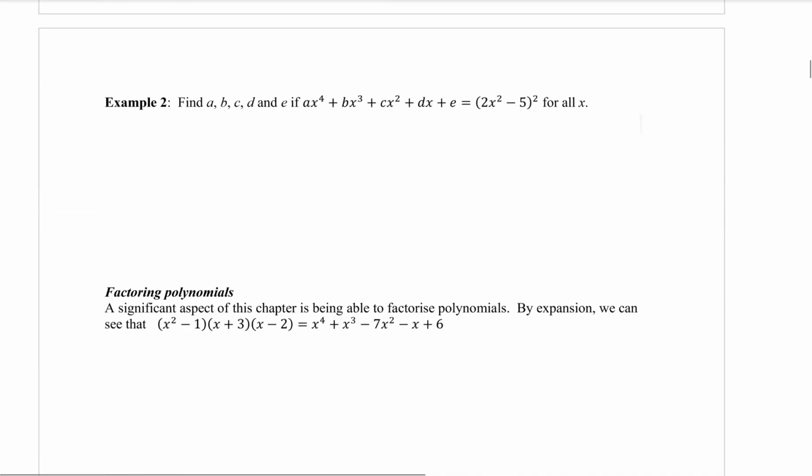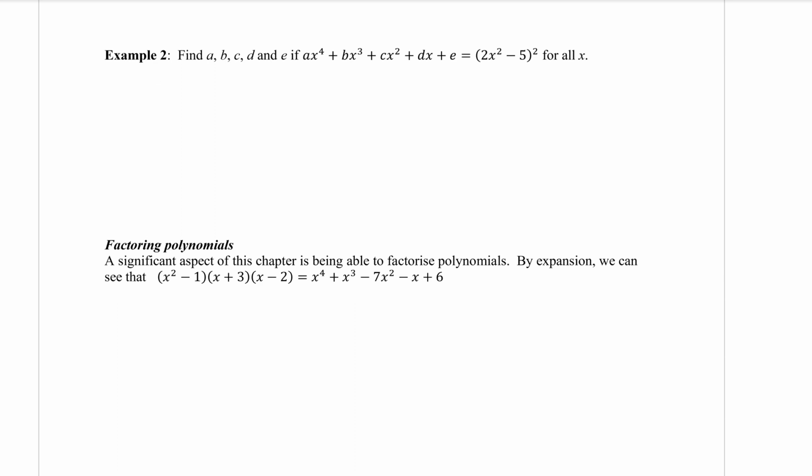So example 2. It says find A, B, C, and D if we have this lovely big equation here. In order to do that, I'm going to need to expand out that bracket on the right. So I'm just going to do that straight underneath here using the short method. 2x squared times 2x squared makes 4x to the power of 4.